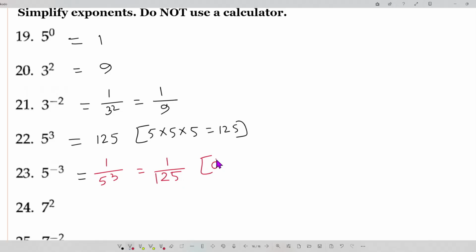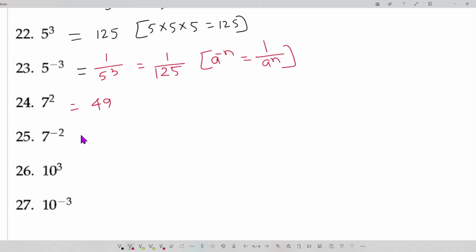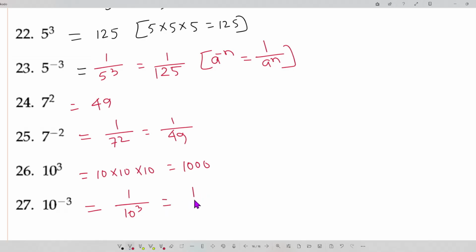Because we know a to the power minus n equals 1 by a to the power n. 7 square is 49. 7 to the power minus 2 is 1 divided by 7 square, it means 1 by 49. 10 cube, what is it? 1000. 10 times 10 times 10 is 1000. Very simple. Similarly, 10 to the power minus 3 is 1 by 10 cube, or we can say 1 by 1000. No more today.